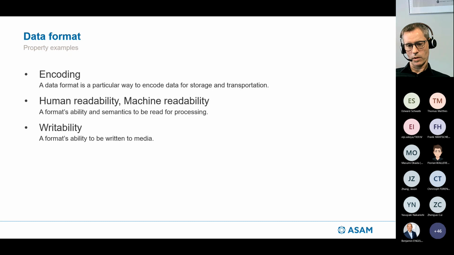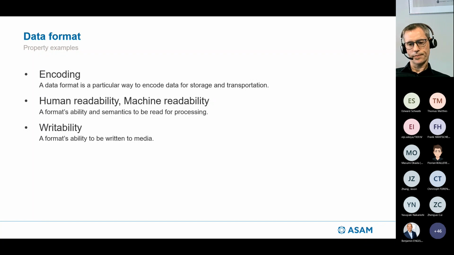Writability, it's the ability to be written to the media. It's about editing when it's about human writability, and it's about how the data is written to disk or to the cloud or something like that.